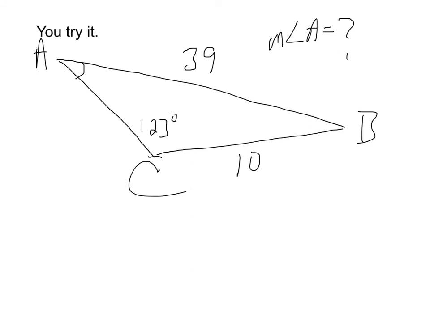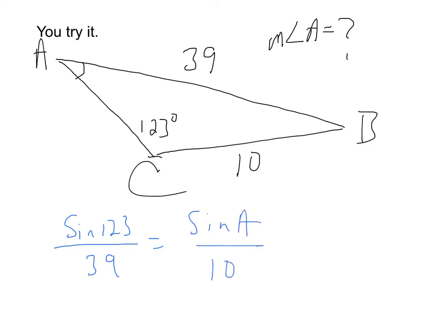So I'm looking for the measure of angle A. So I know the sine of 123 degrees divided by 39 is going to be the same as the sine of angle A over 10. So we're going to do 10 times the sine of 123. Press equals. Divide that answer by 39.